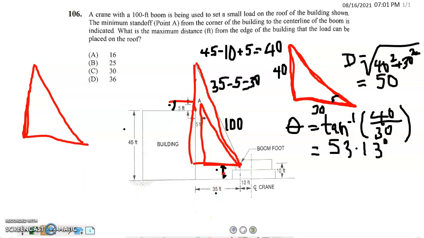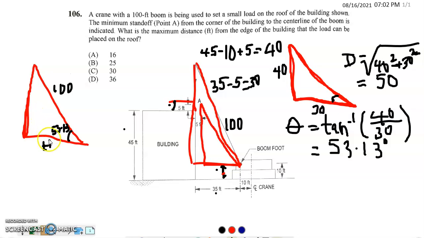So now let me use black over here. We have this as 100, and we know this angle to be 53.13. And we need to find H, because we're trying to find the distance where we can place the load horizontally on top of the roof. So now let's see which formula to use. With SOHCAHTOA, opposite, there's no opposite in that case.